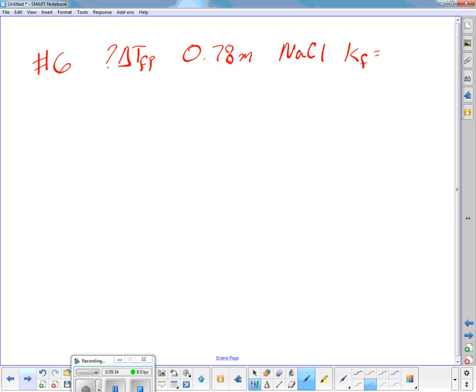The KF of water is 1.86 degrees Celsius per molal. And I for this would be 2. And just a reminder, that's how we get I, if they don't give it to you: this splits up into 2 parts, because it's an ionic compound, right?